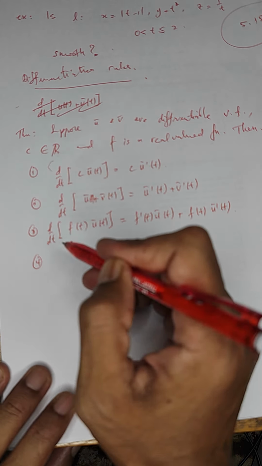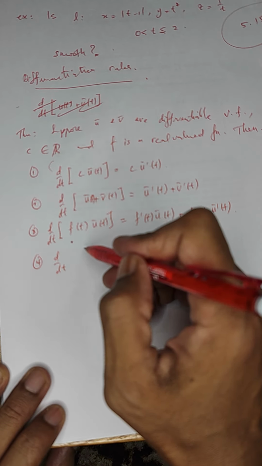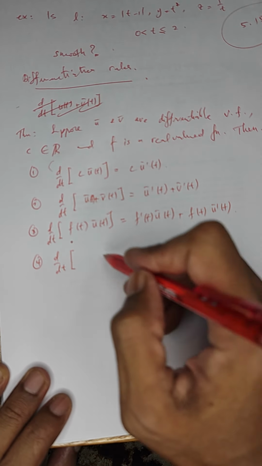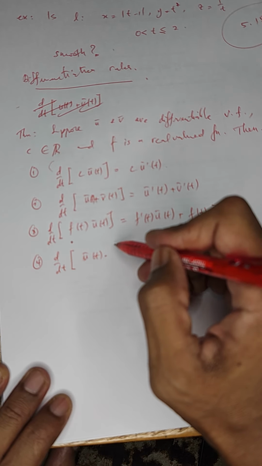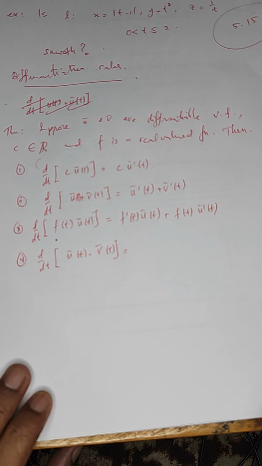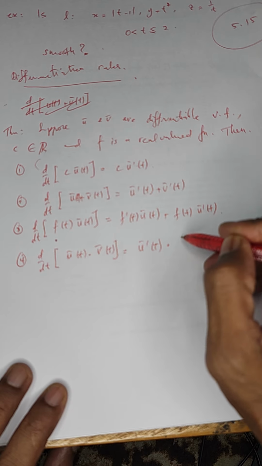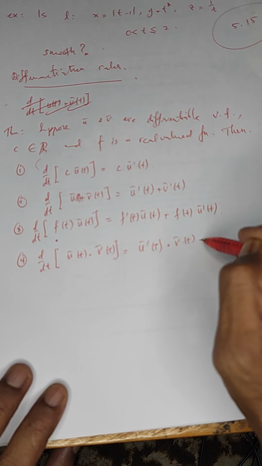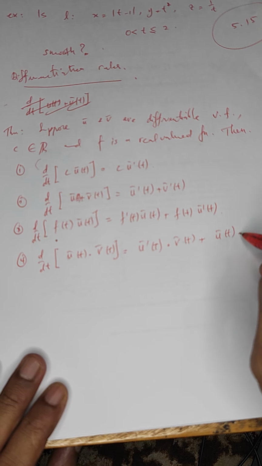Number 4, we differentiate the product of two vector functions, u(t) dot v(t), that gives us u prime(t) dot v(t) plus u(t) dot v prime(t).